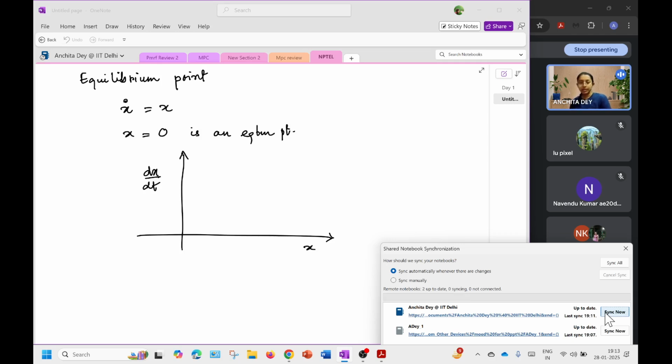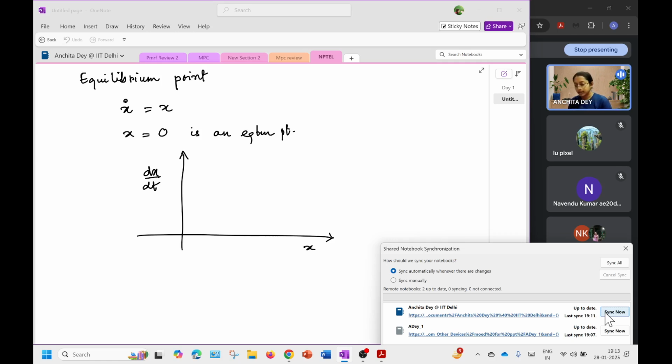So x dot is equal to x means the rate of change of x would be equal to x at every time. So if x is equal to 1, dx/dt is equal to 1 as well. So it would go up by 2. If x naught, that means x at time t equals 0, then it would increase further. If you take a curve like this, it would look like a parabola, right?